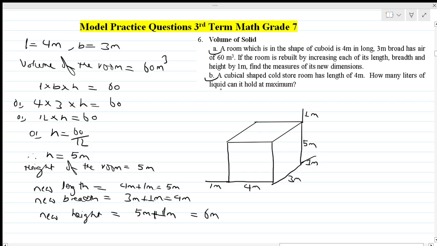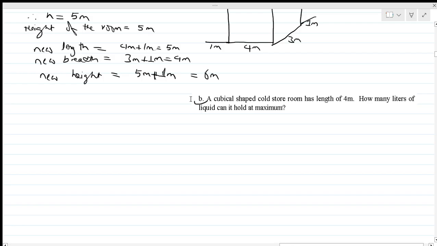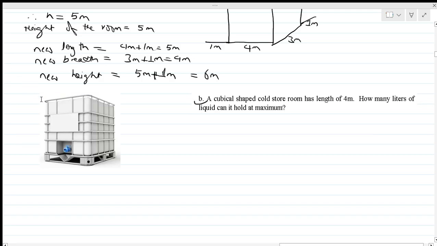To deal with B, I copy this question and paste it here. It says a cubical cold storeroom has a length of 4 meters. How many liters of liquid can it hold? I'm taking one diagram to make it clearer.